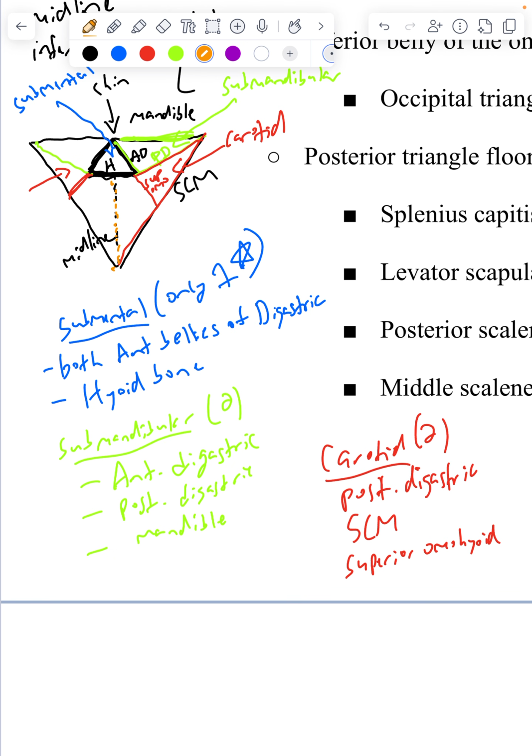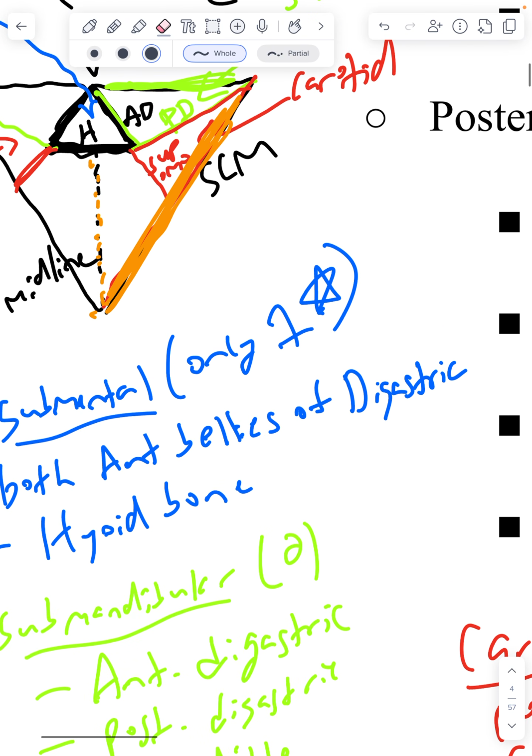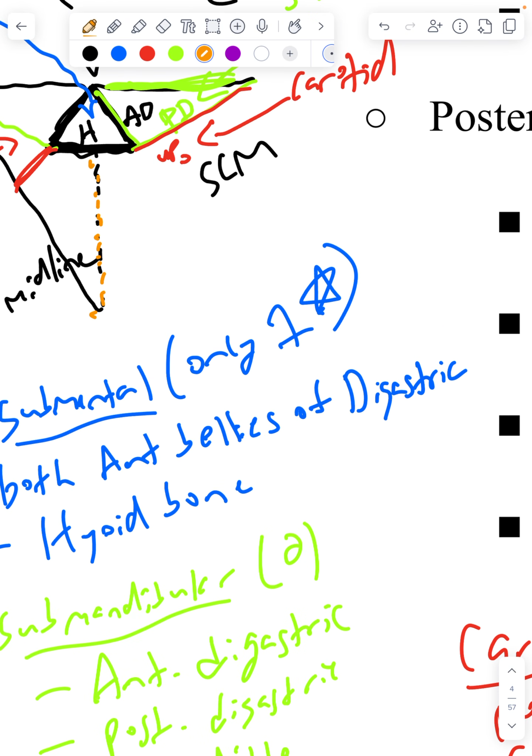So you would have the sternocleidomastoid. And then, let me fix the superior omohyoid, because it's coming from the hyoid, so it technically should be more like this.